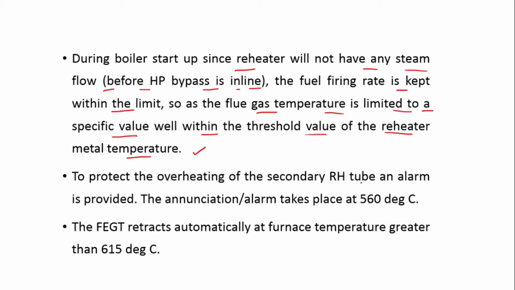Because we know that reheater metal temperature should not increase much beyond 550 degrees Celsius. So one annunciation is there at 560 degrees Celsius, and FEGT will automatically retract when the furnace temperature is greater than 615 degrees Celsius.